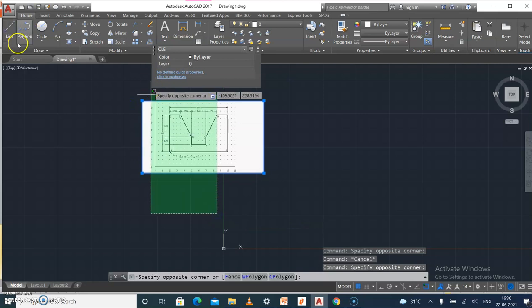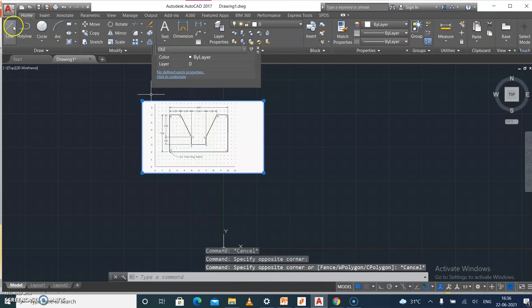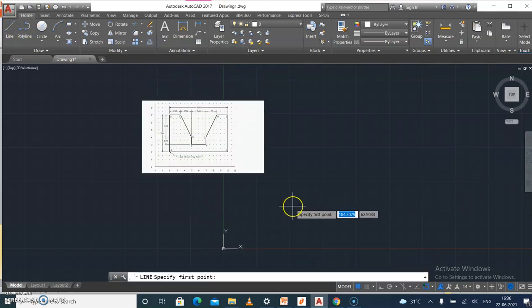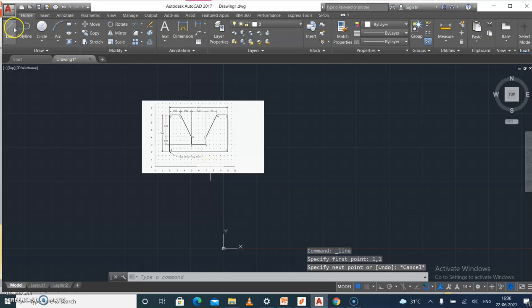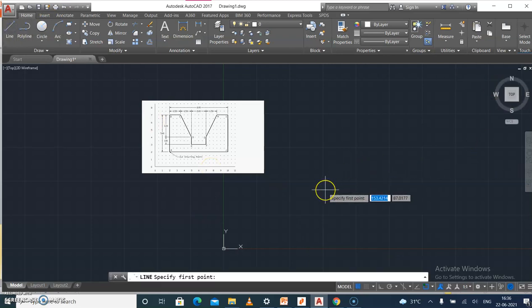So first, take the line command. Specify the first point of the line. So 1, 1, enter. Okay. This A point is specified here, not by 1, 1 but by 2, 2, which is the starting point. So we will start with 2, 2.